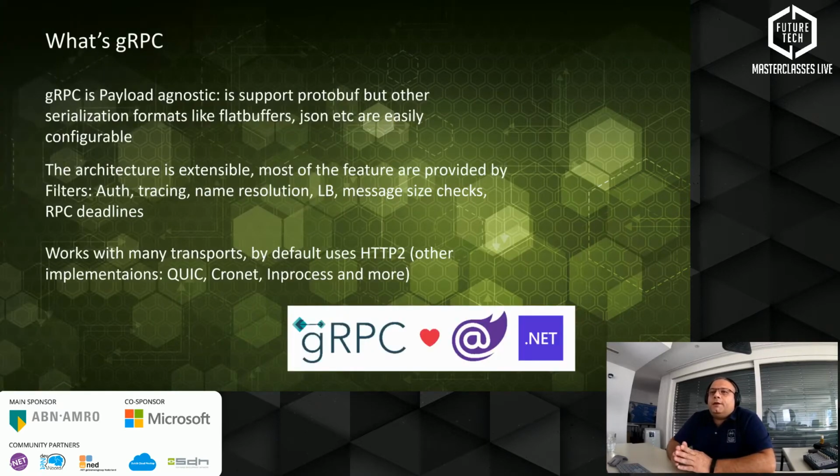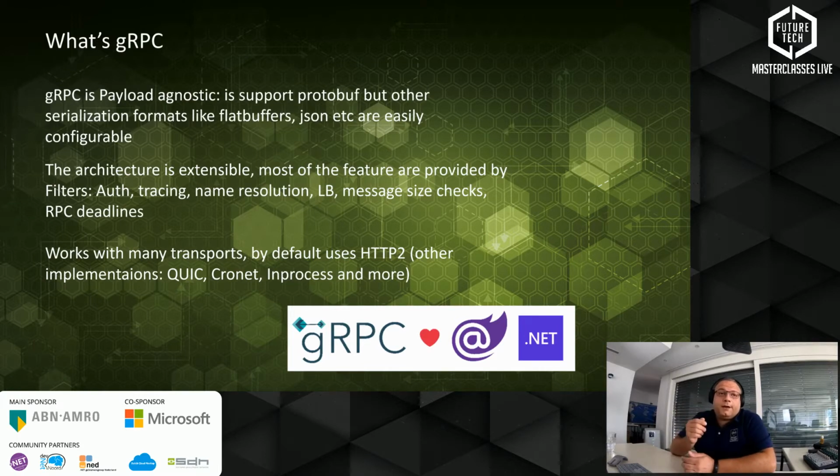The first thing to say about gRPC is that it's payload agnostic. This means that by design, it works with protocol buffer, but other serialization types are also configurable. The architecture is extensible via filters, and via filters we can create custom authentication, tracing, load balancing, and whatever you can imagine.